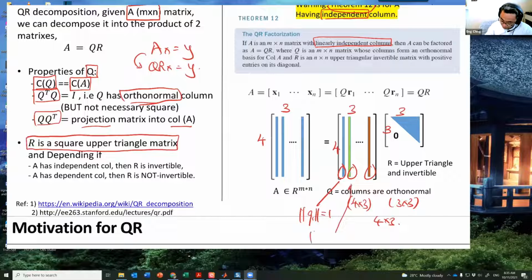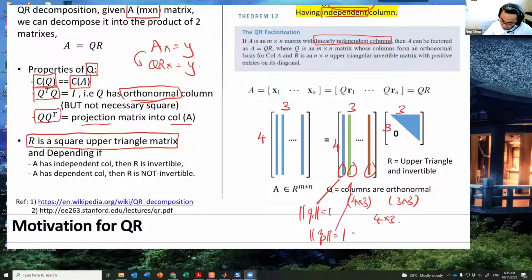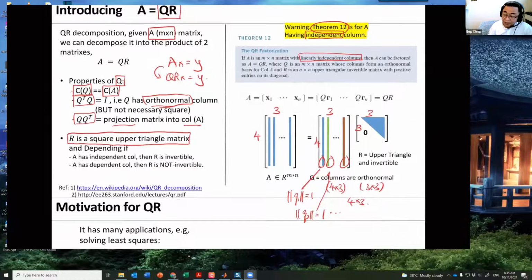Q2, same, equals 1. And so on. So basically, all the columns have length 1. Not only do they have length 1, they are orthogonal to each other. So Q is a very special matrix. And in this tutorial, we're going to find out how we can generate Q and R.